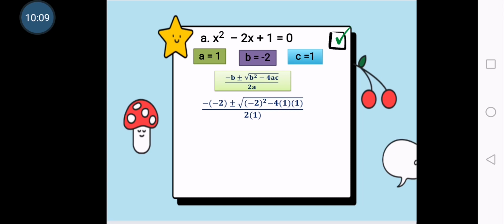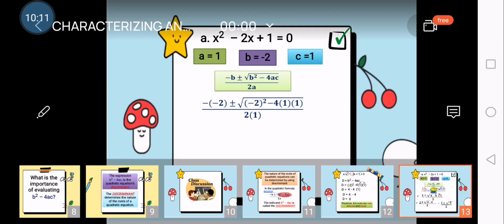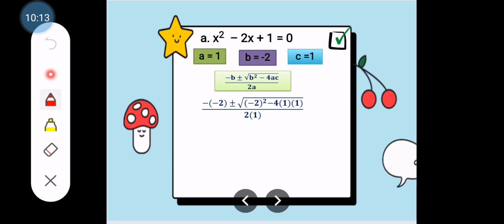Ang negative b, and the value of b is negative 2. Nagkataon na ang value ni b is negative, so isusulat po natin siya inside the parentheses as negative 2.